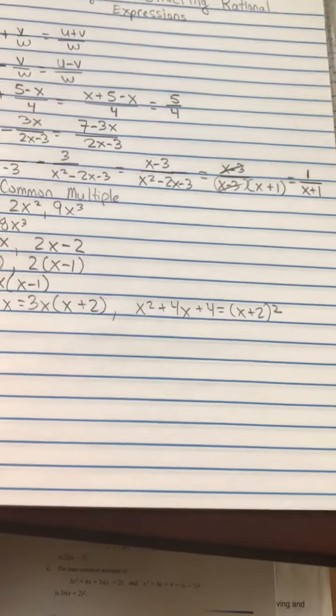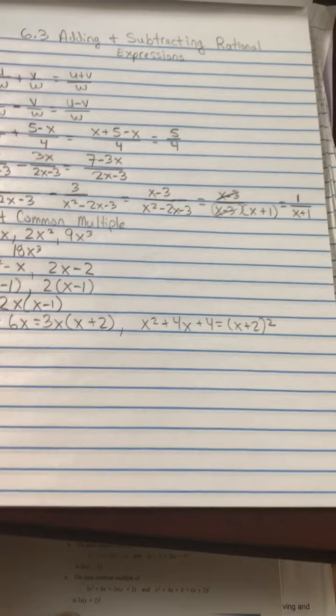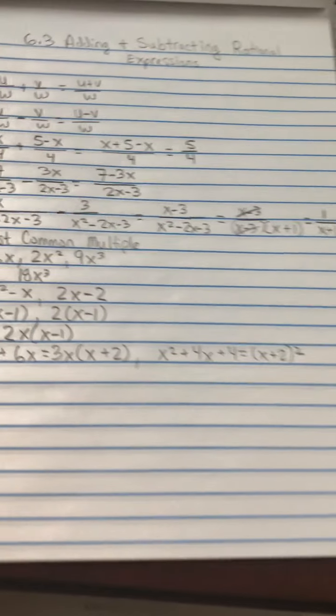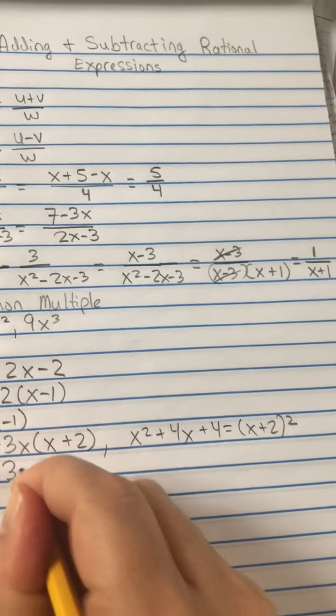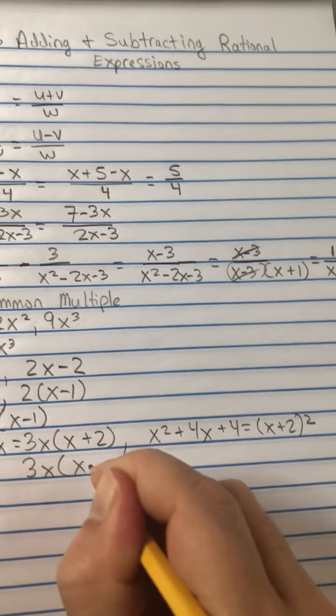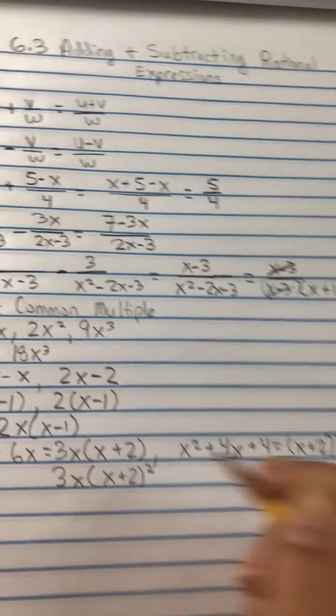Okay, so both of them have an x plus 2. So the common factor there is going to be 3x(x plus 2) squared. Okay?